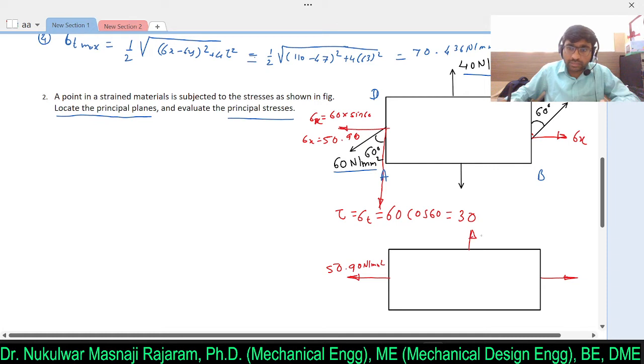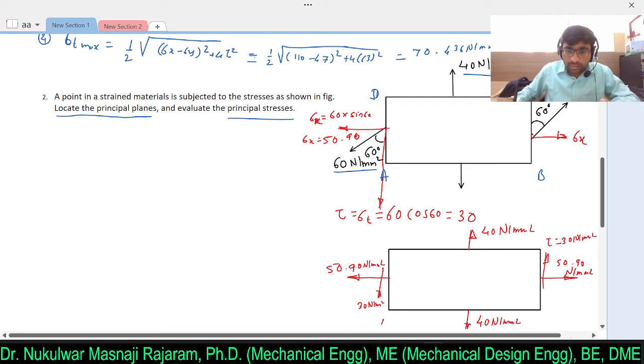Along the y direction it is already given, that is 40 Newton per mm square, again 40 Newton per mm square. Along the x direction that will be 50.90 Newton per mm square. Here there is a shear stress acting in this direction, that is 30 Newton per mm square. In the upward direction again tau will be 30 Newton per mm square.